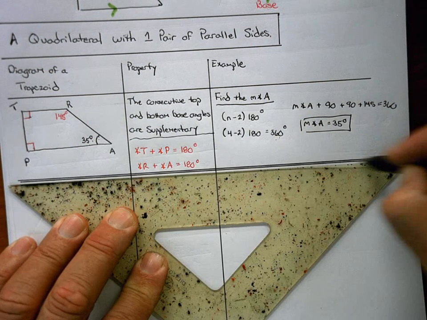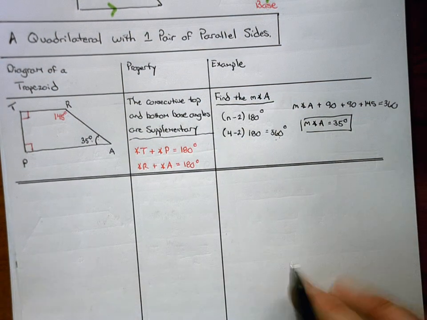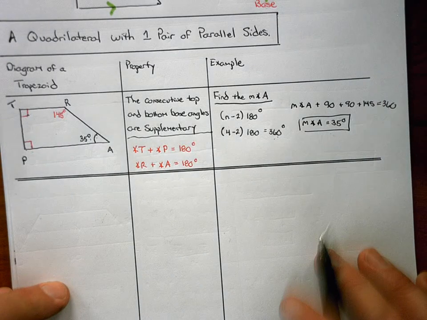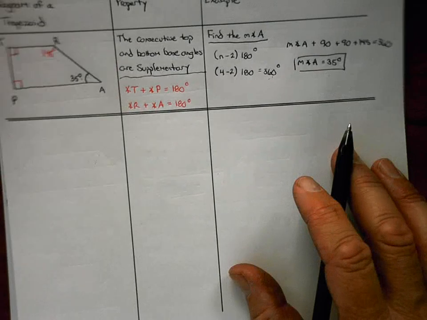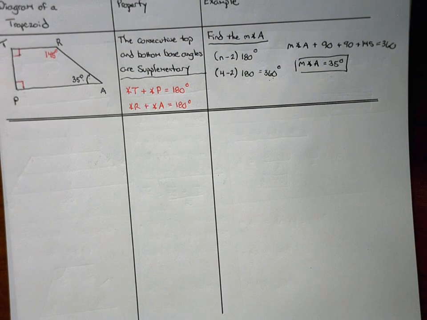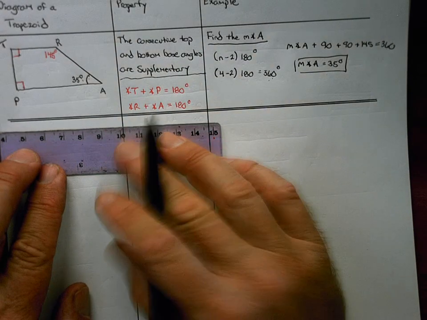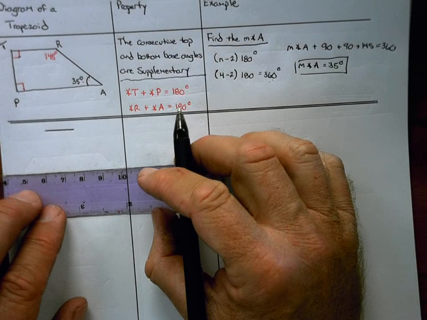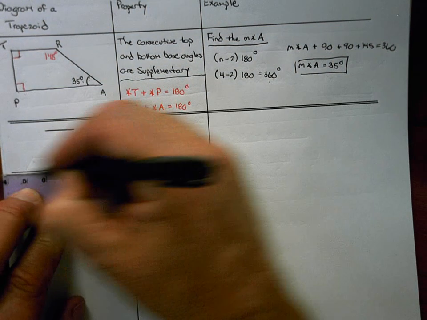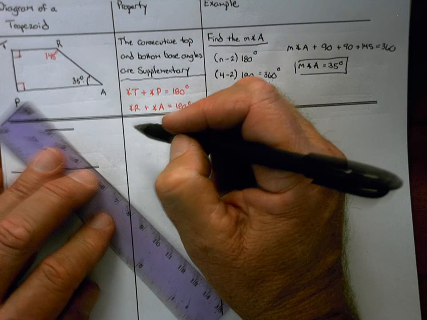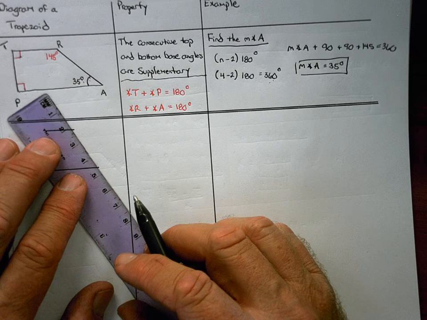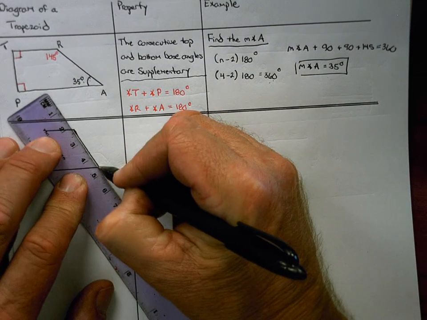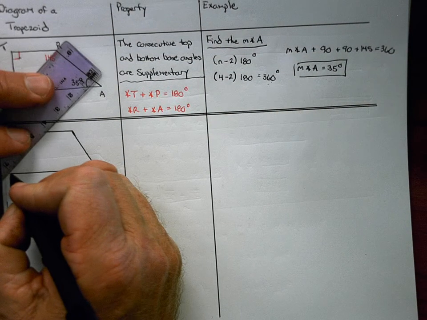Okay, the next property, let's go ahead and use the Mayan temple trapezoid looking thing. Alright, so go ahead and draw a Mayan temple looking trapezoid. Like this.